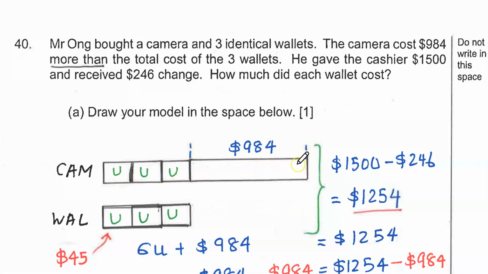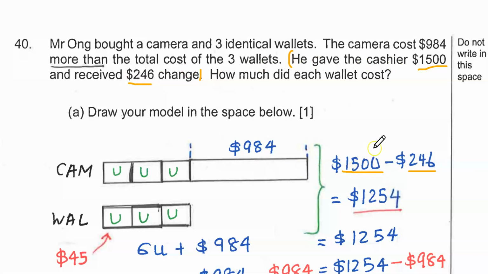Of course this part is a bit different. It gives you the total of the 2 items, which is 1500 minus the change. He pays the cashier so much, the cashier returned 246.